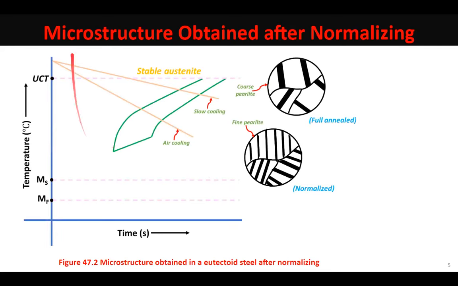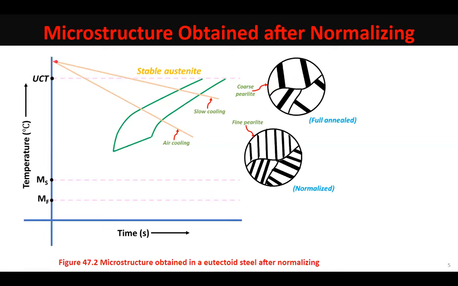You see, I discussed in the last session what is the microstructure obtained after full annealing. Because we are doing slow cooling, the austenite transformation product is coarse perlite. And what does coarse mean? Coarse means a lesser number of ferrite and cementite lamellas would be seen, and that invariably means that the width of these existing ferrite and cementite lamellas would be very thick, right?